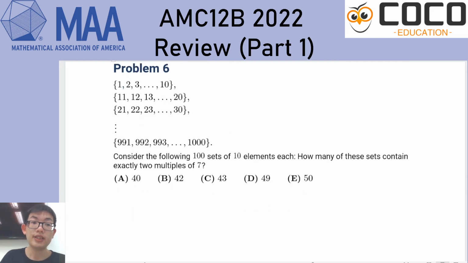Question 6. Now I see that I've got 1 to 1000 split into 100 sets of 10, and I'm asked how many of these sets contain exactly 2 multiples of 7. So there are sets of 10 elements each. If there are sets of 10 elements each, it means that there are 1 or 2 per set.